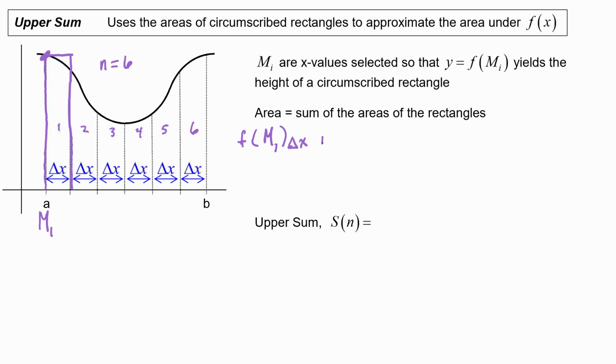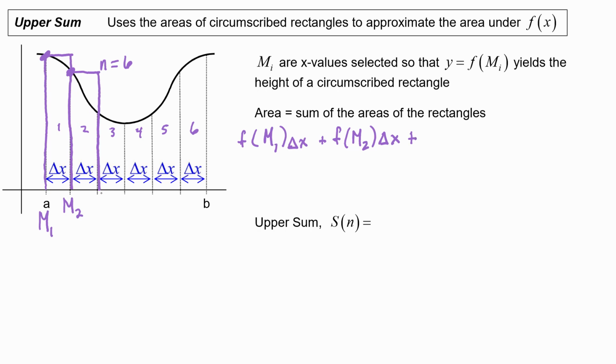Then we will add to that the area of region 2. Here we have to pick this x value for capital M2, so that the height, f of M2, gives us this rectangle. So f of M2 delta x. We will have to add to that the area of region 3.